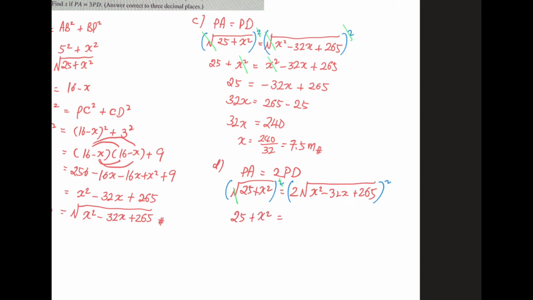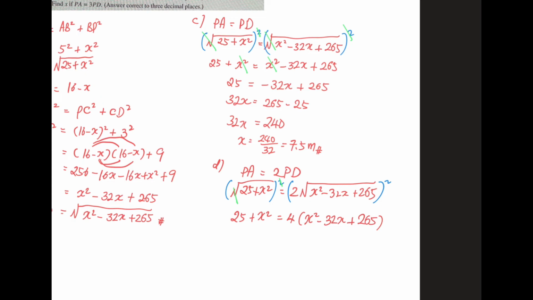But for the right hand side, when you square it, you have to square the 2 as well as the whole square root here. So you have to square both. So 2 squared, we get 4. And then for the square root, we get x squared minus 32x plus 265.